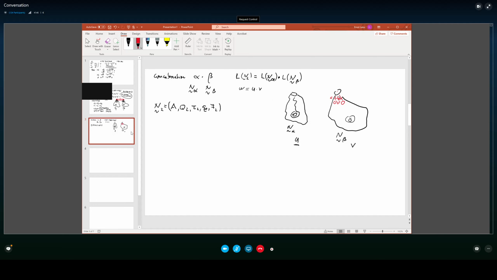Now, concatenation is quite a bit more complicated, because now we have to be able to jump from that final state. After all, this is where the u ends. This is the u that we're using. How do we get over to the second automaton?